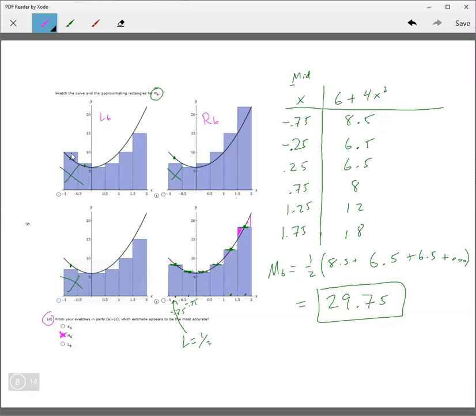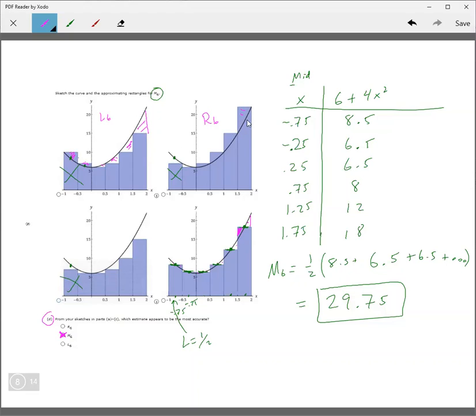So if you look at L6, you have all these rectangles. You've got all this area here that should have been counted but wasn't, and a little bit of area here that was counted that shouldn't have been. So this balances out a little bit, but both of those areas are probably like that area, and so you still have these two to deal with, and so this is going to be off.